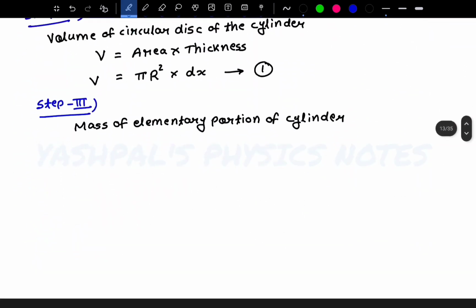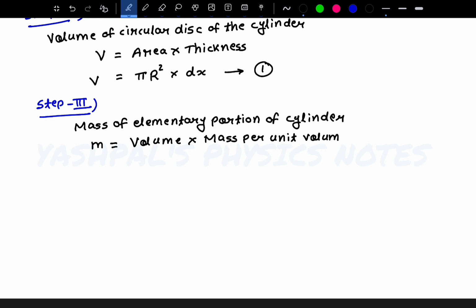So its formula is given by, here I am considering the mass of this small elementary portion as small m, which is given by volume into mass per unit volume of the cylinder.